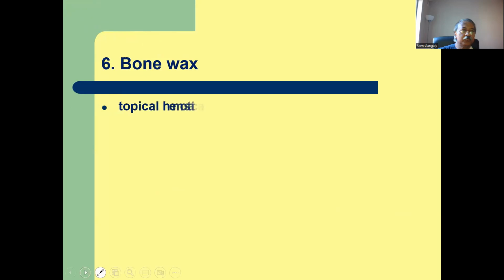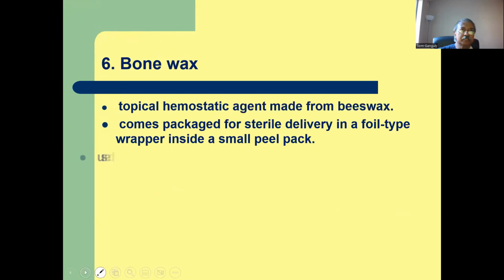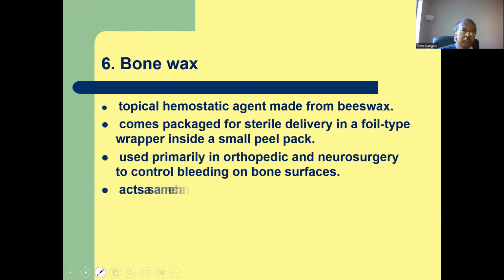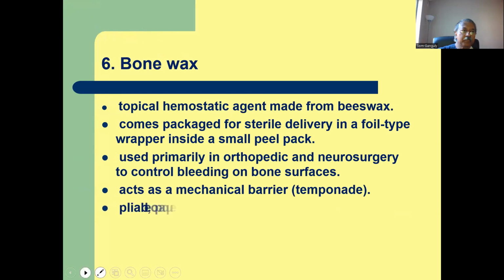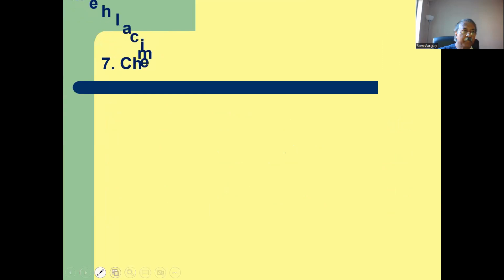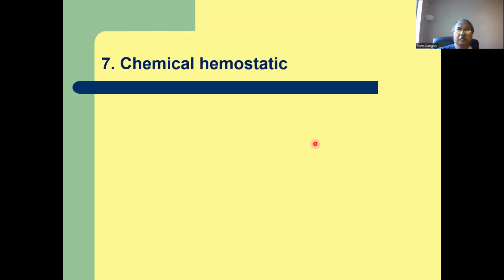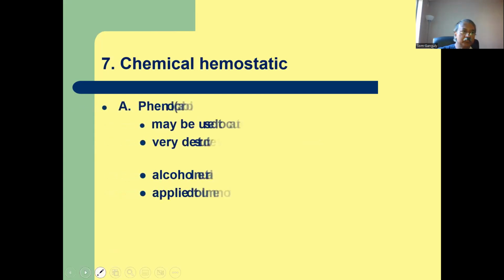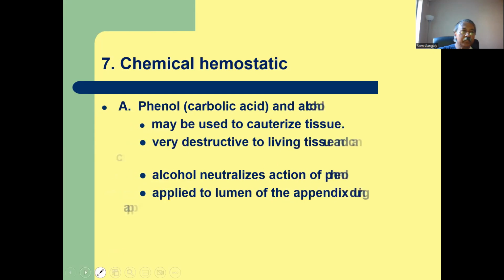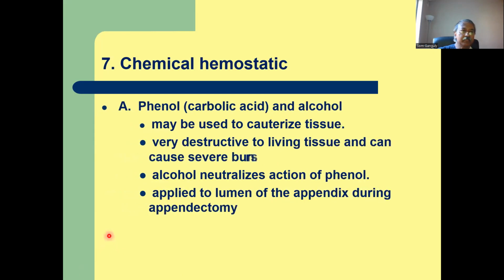And we told you bone wax comes from beeswax, and you can open the package and put it on an instrument tip. Usually we put it on a Freer and give it to the surgeon as if you are handing a pencil to the surgeon.